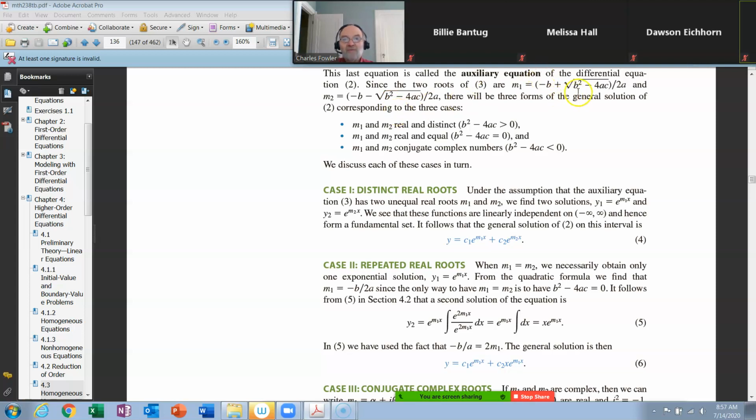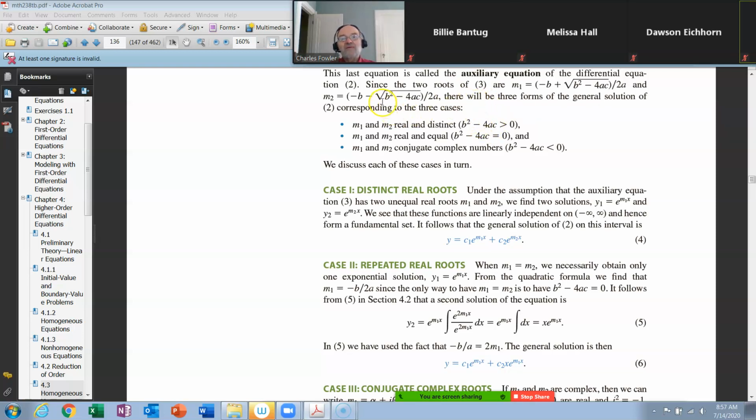You'll have an m1 where you take the square root of that positive number, subtract b from that, and divide it by 2a, that gives you a number. But over here, you do minus b minus that real number, the square root of whatever that positive number is, and divide that by 2a. So you get two totally real, totally distinct numbers anytime that discriminant is positive.